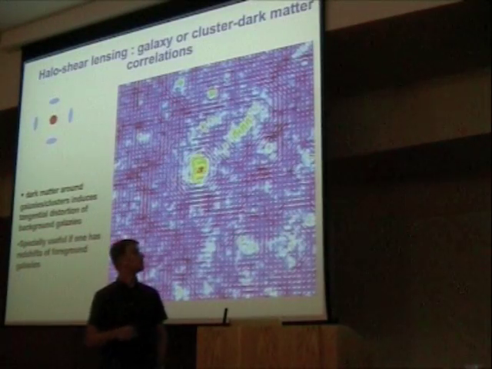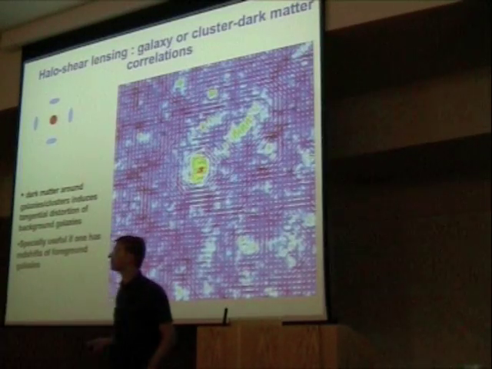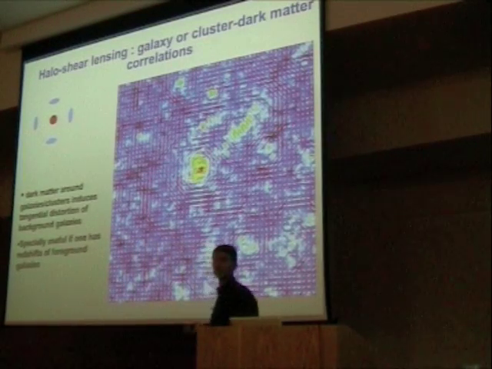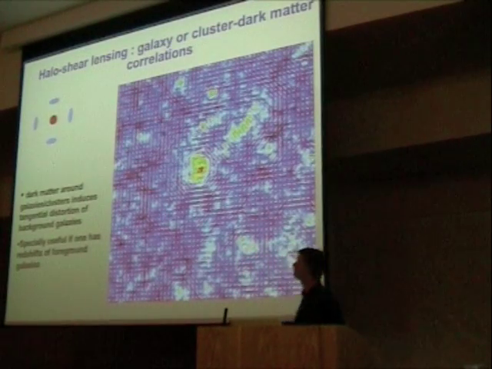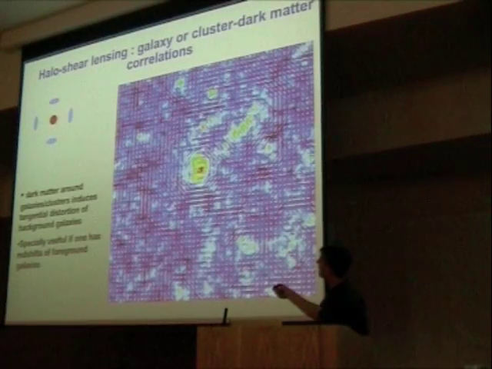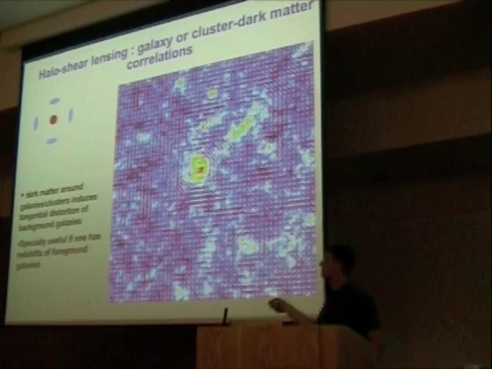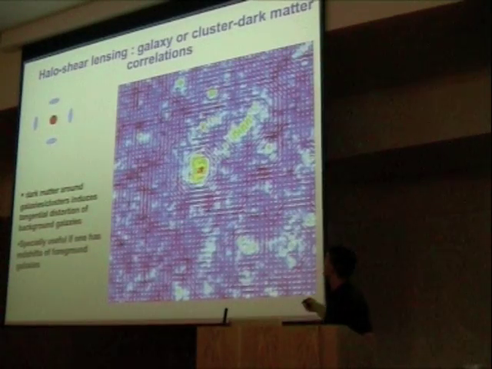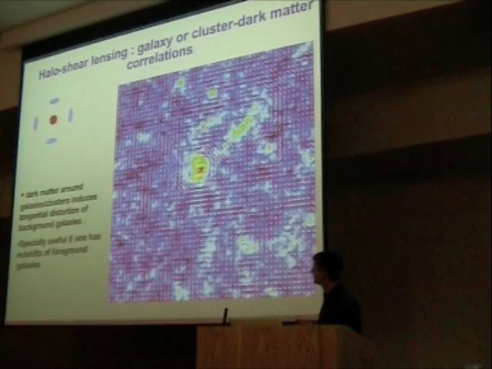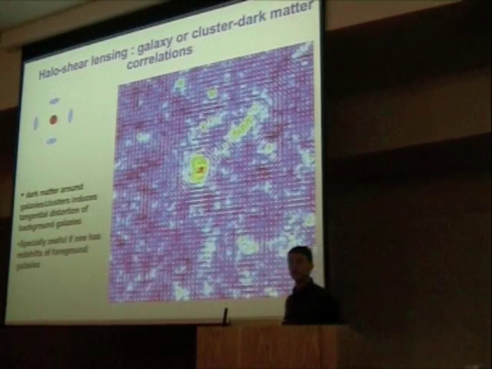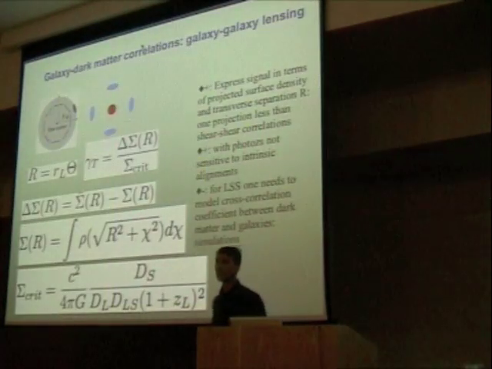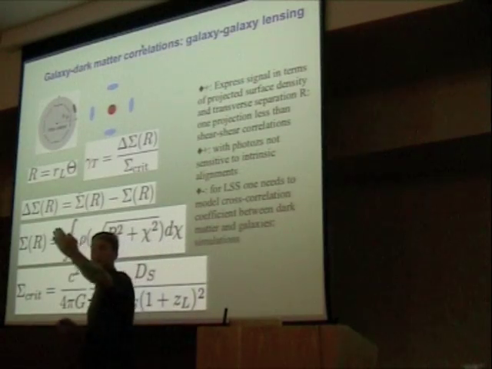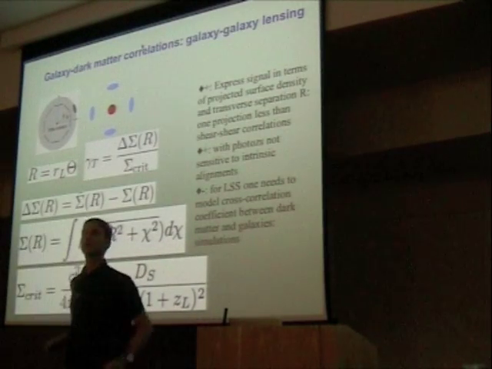So what are we talking about here? If we have a distribution of mass in the universe, we'll have some sources, and these sources will generate shear on the background galaxies. And one can measure this by looking at the tangential distortions around these lenses. These lenses, as I said, could be galaxies, could be clusters, and so on. Now, this is particularly useful if you have the redshift of the lenses, because, as you know, shear analysis is usually done in angular separation.